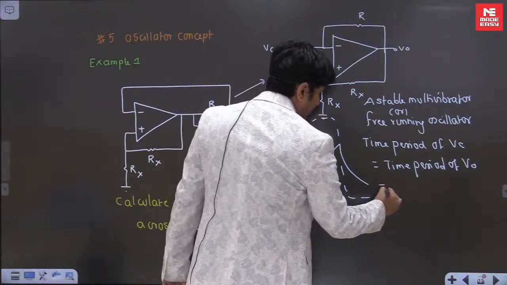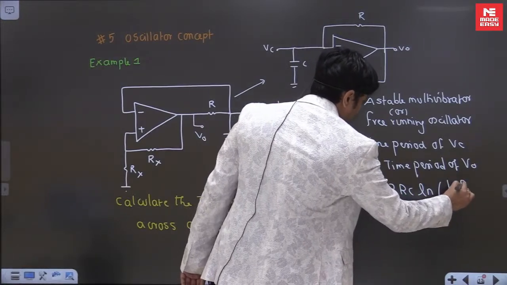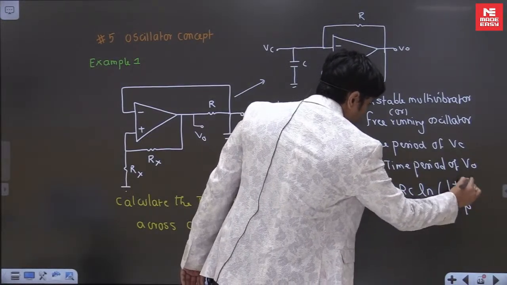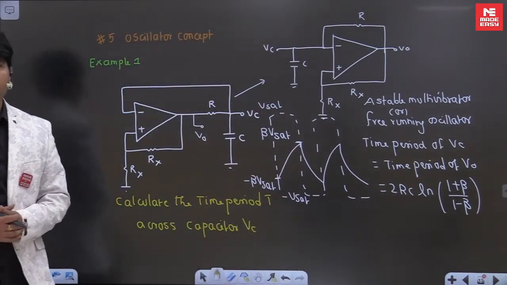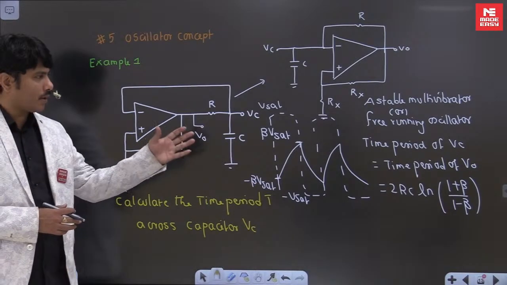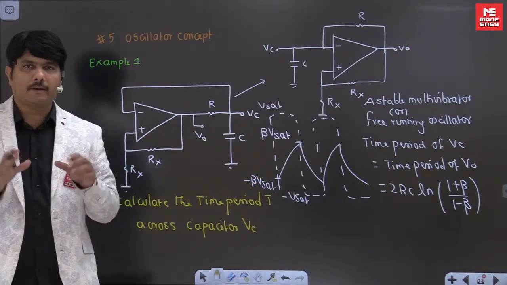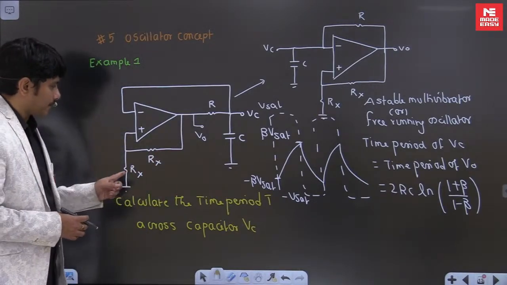The answer here is 2RC ln of (1 plus beta) by (1 minus beta). If you don't remember this formula, at least now you practice the formula, so that it saves a lot of time to solve this type of questions in GATE exams. It is 2RC ln of (1 plus beta) by (1 minus beta). Beta is nothing but the feedback factor from the circuit.